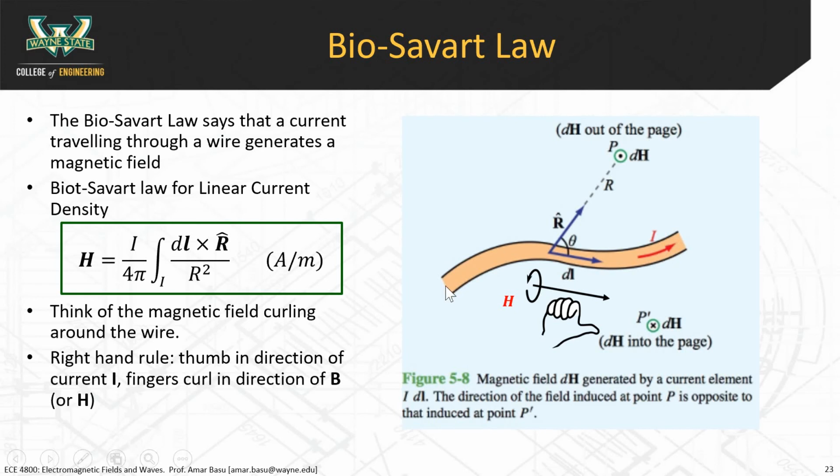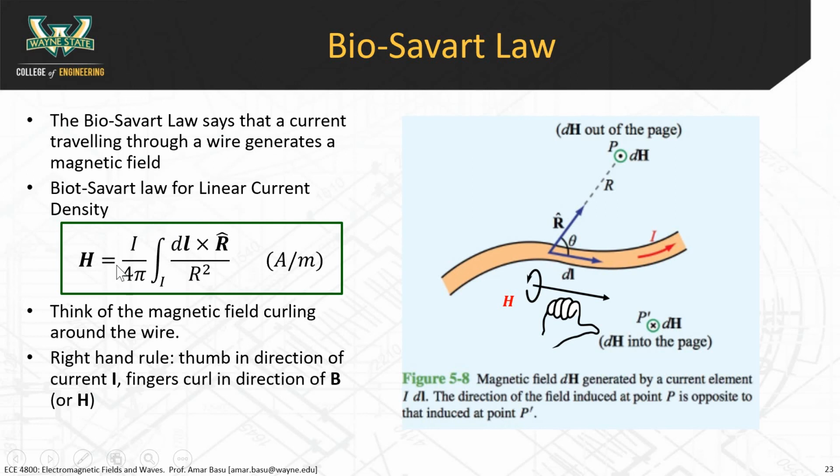The total magnetic field is the sum of the contributions of every little segment as we go from left to right along this wire. Whenever we add up the different contributions, we're essentially integrating. So that's where that integral comes from.